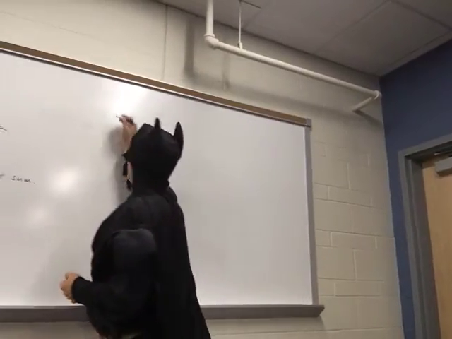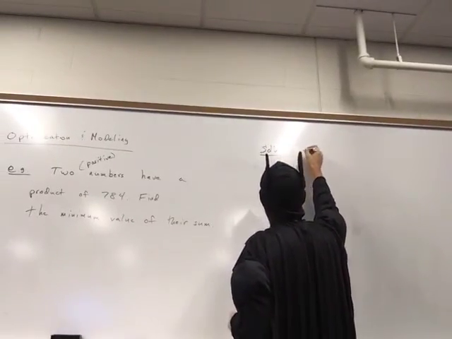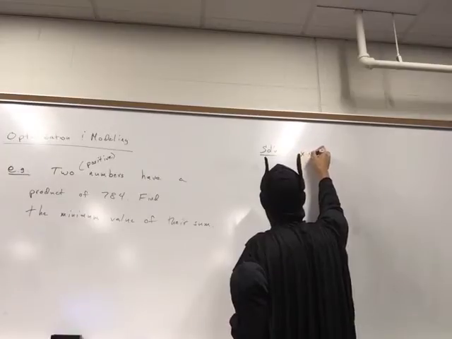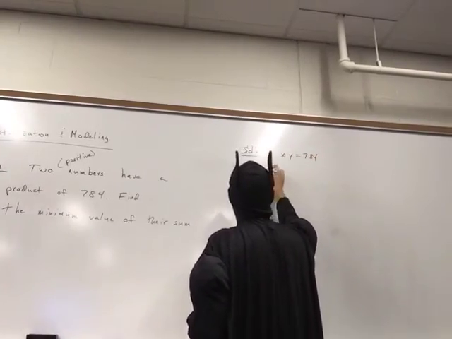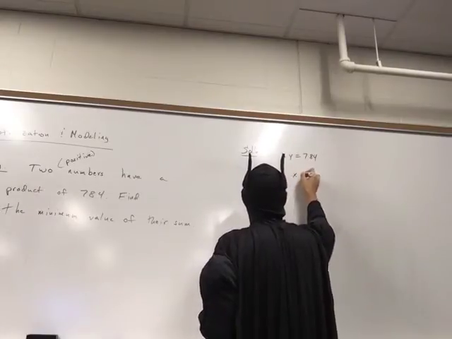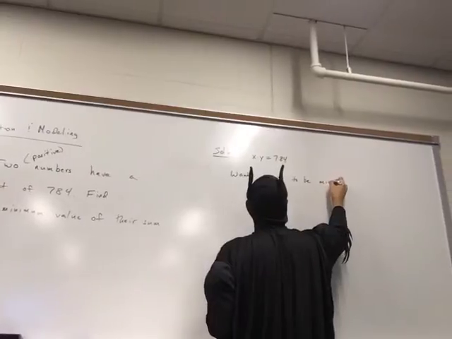So what we know is that we have two numbers, x times y equals 784. And we want x plus y to be minimized.